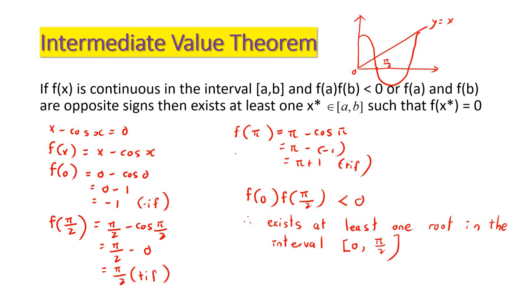According to this intermediate value theorem, because f0 times f pi over 2, I use pi, is negative, there exists at least one root in the interval from 0 to pi over 2. But this Casio is actually correct. The intersection point here is actually from 0 to pi over 2, or you may put larger pi. So the root stays in the interval 0 to pi over 2.